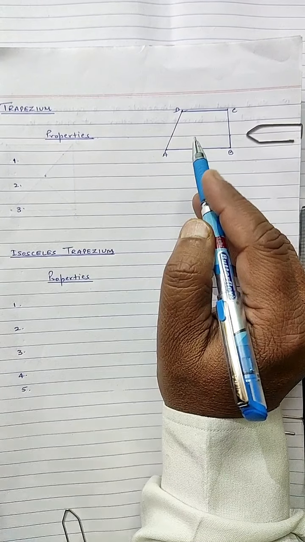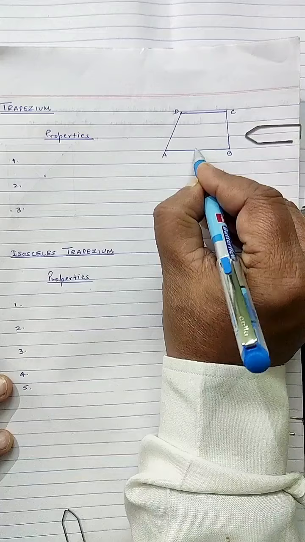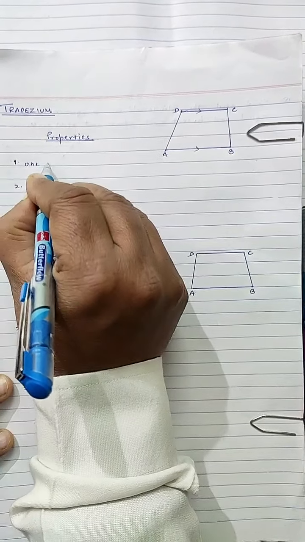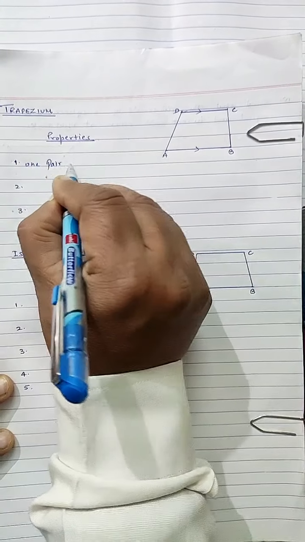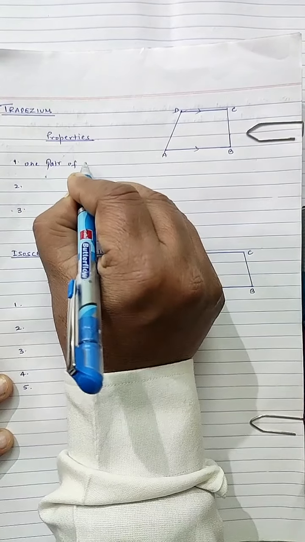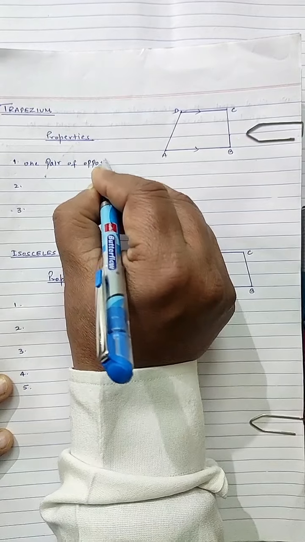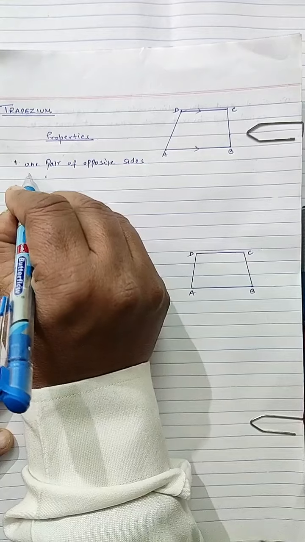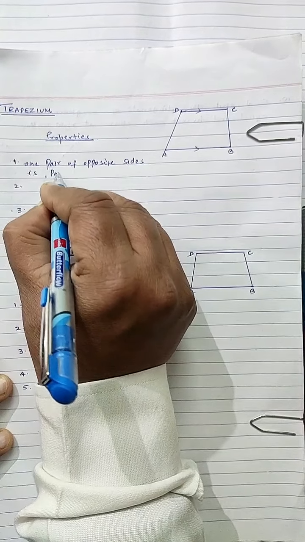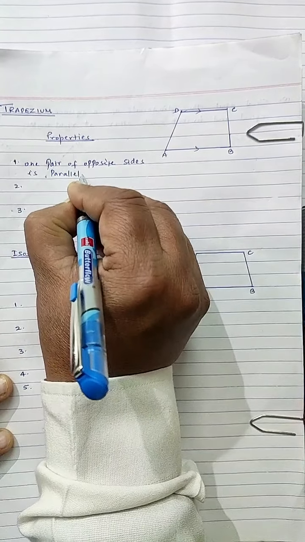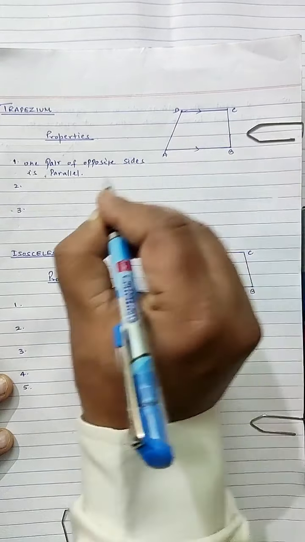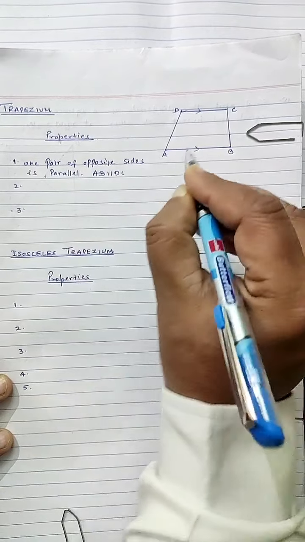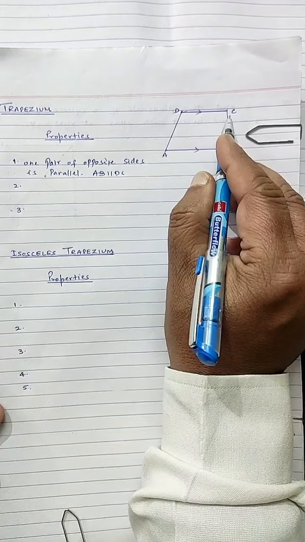Its properties are: one pair of opposite sides is parallel. It is AB parallel DC. One pair of opposite sides is parallel.